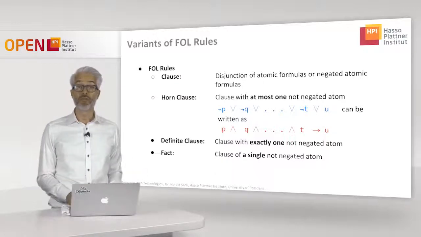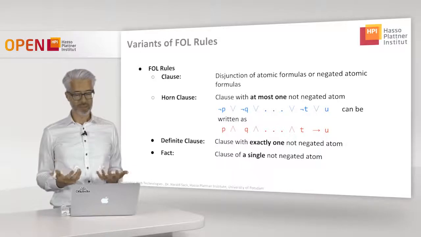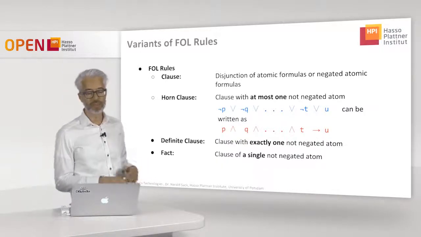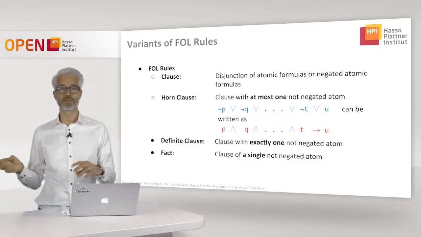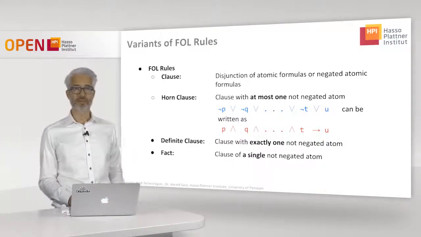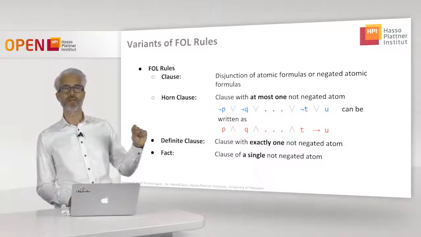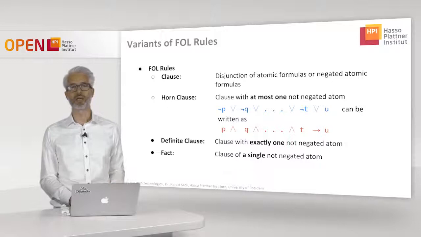Okay, there are more variants that we have to consider. In general, these rules are considered as clauses, which are disjunctions of atomic formulas or negated atomic formulas. So we do not take care where something is negated or not. But Horn clauses are for us the most interesting ones, because a Horn clause is a clause which has at most one negated atomic formula.